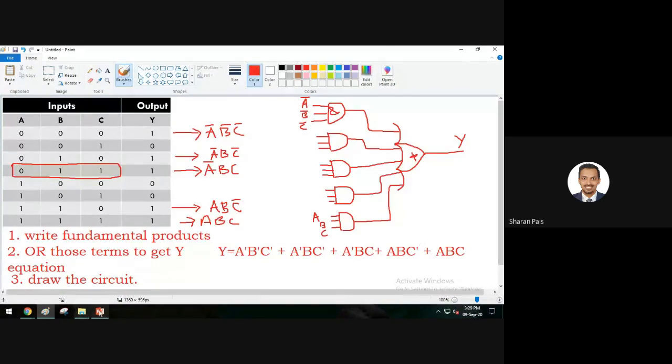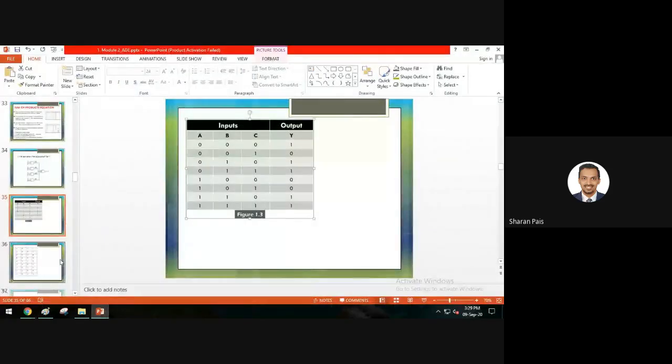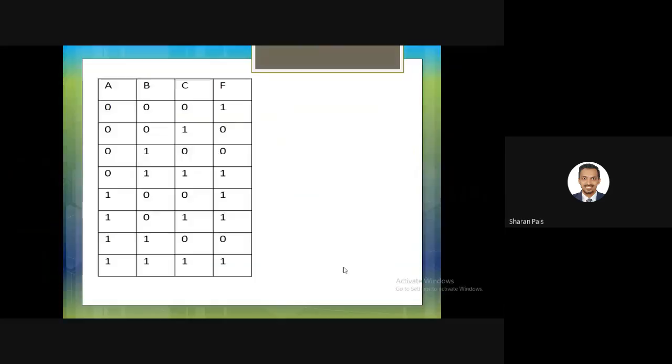Okay, third one, homework. Third logic, third table. Write down the question.